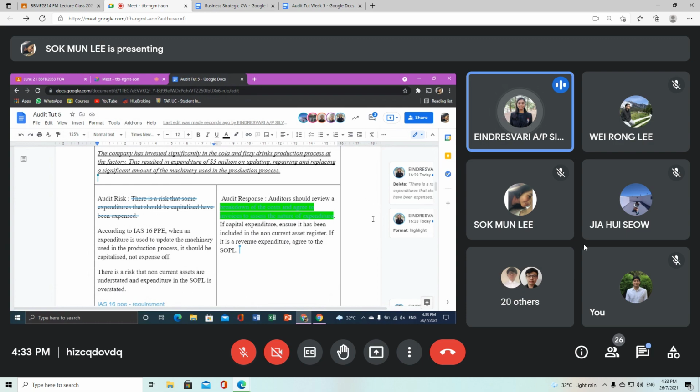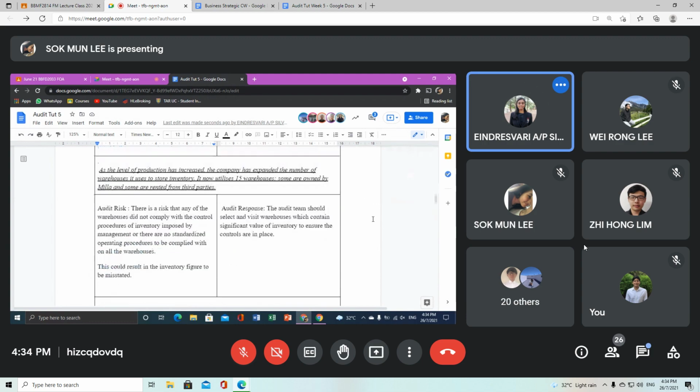Are you guys clear? Yes, Miss. Okay, let's go to next point. Zihong Lim is asking for access. So please give access. Zihong Lim, are you going to type?